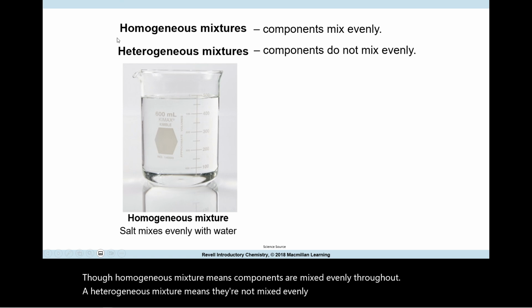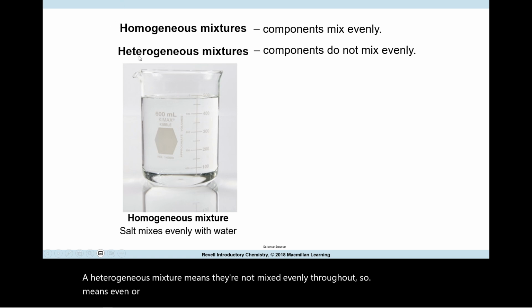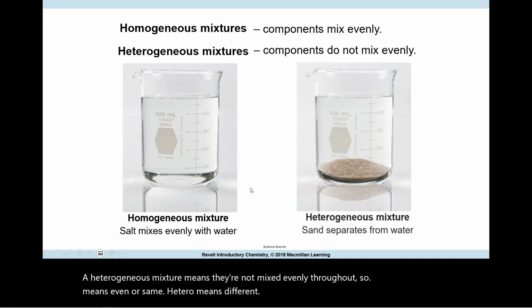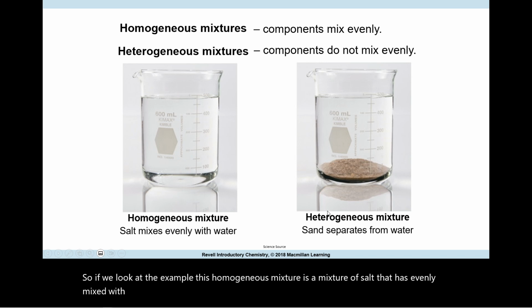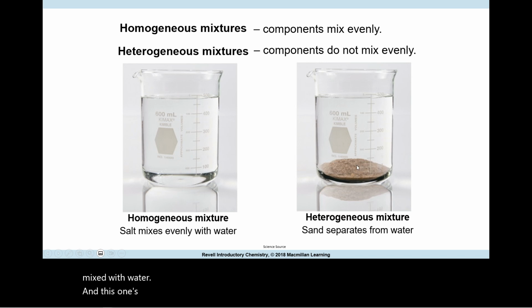So homo means even or same, hetero means different. If we look at the examples, this homogeneous mixture is a mixture of salt that has evenly mixed with water. And this one's a heterogeneous mixture of sand and water. You could see that the sand is separated from the water.